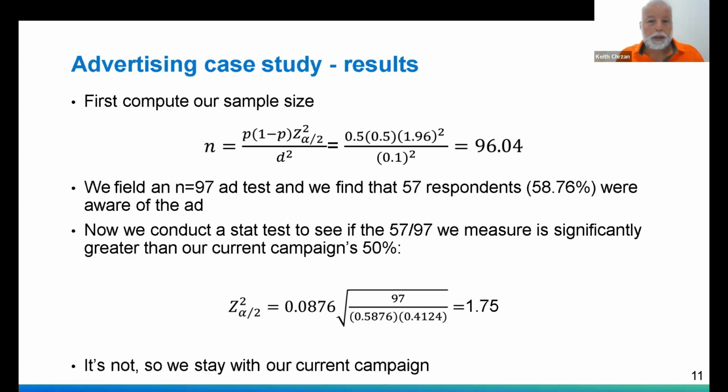Now they take that information and plug it into a statistical test to see if that 58.76% is significantly greater than 50%. It's not. It only has a z value of 1.75, and so they stay with the current ad campaign, right? Because they could not reject the hypothesis that the current ad is better than the new ad.